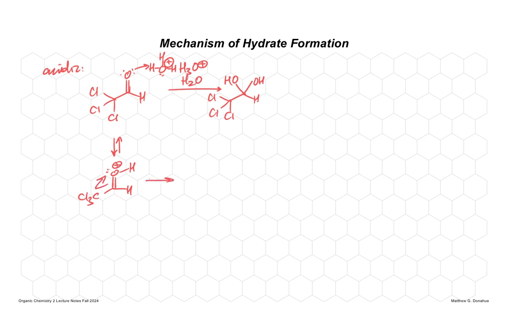We can show a resonance form that helps us understand why that second oxygen attacks. So if you look at where we're at, we have an OH. We need to get another OH in there. Since that's positive, we know water, oxygen has 2 lone pairs, so that will attack that.